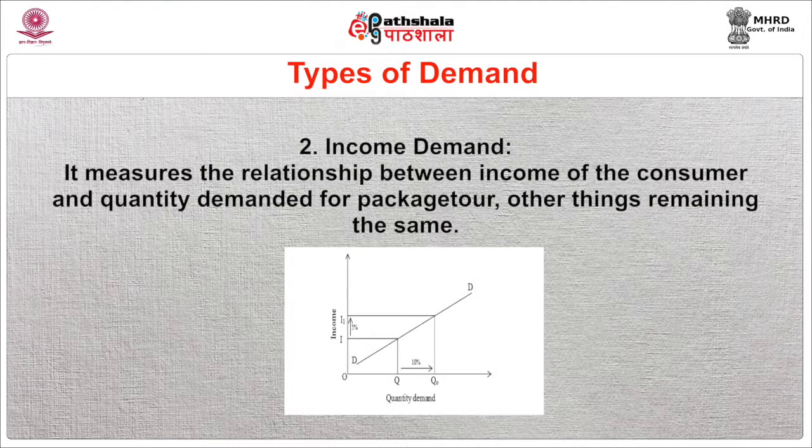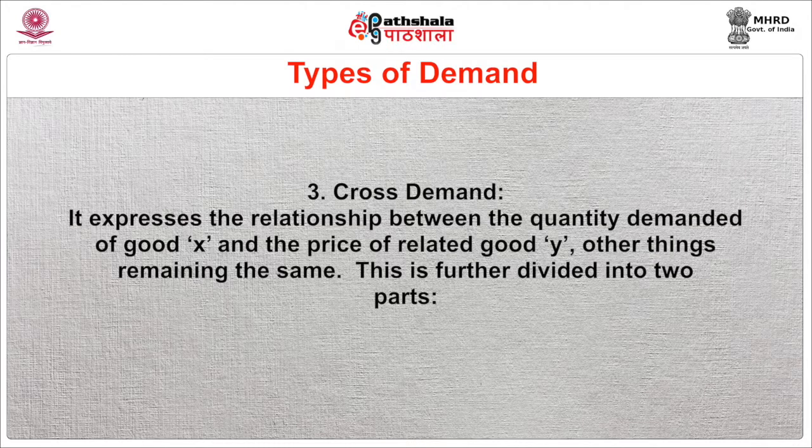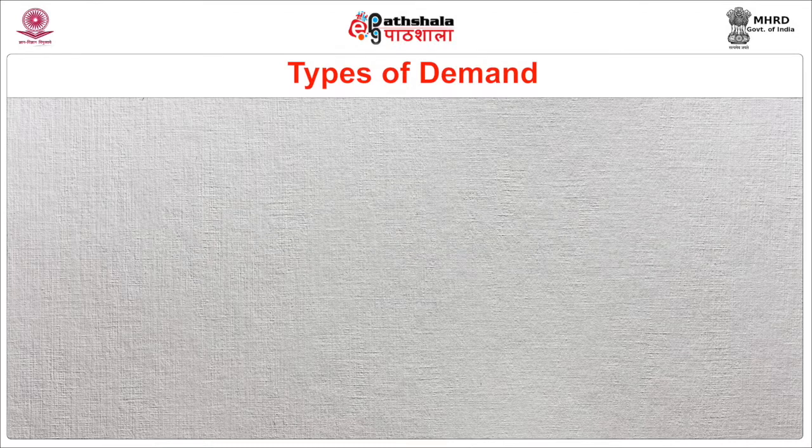It measures the relationship between income of the consumer and quantity demanded for package tour and other things remaining the same. 3. Cross demand. It expresses the relationship between the quantity demanded of a good and the price of the related good, other things remaining the same. This is further divided into 2 parts. Substitute.